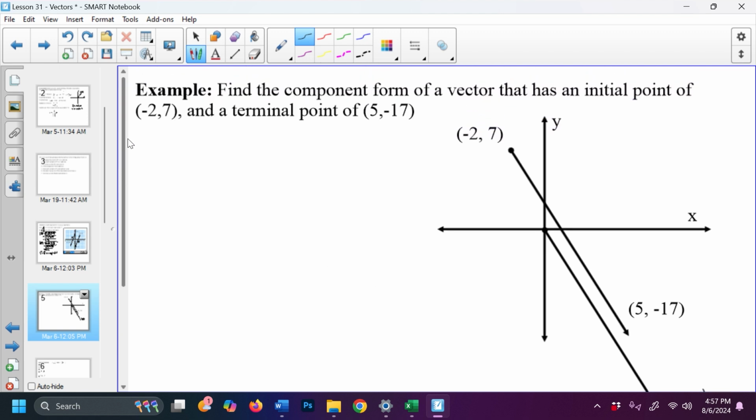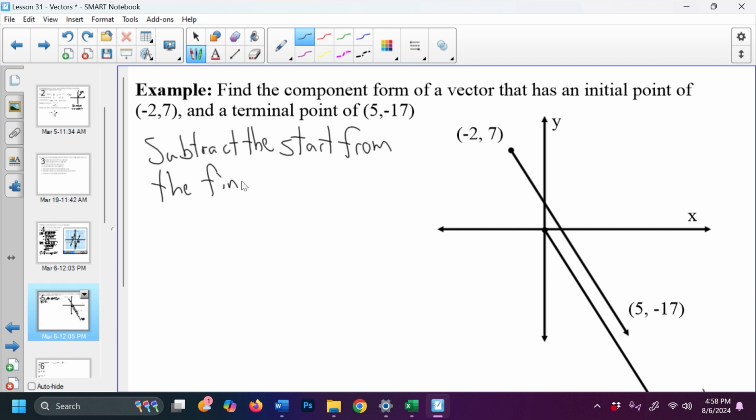So to do that, what we will do is we will subtract the start from the finish. So my component form, and I'm going to label this as a vector v.